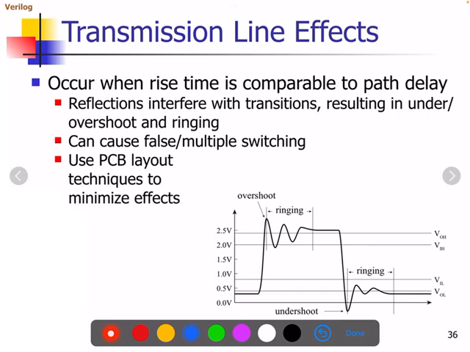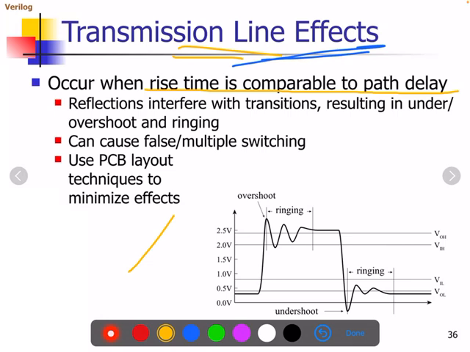That is one more thing. And transmission line effect. So what is the transmission line effect? Basically it occurs when signal rise time is comparable, that means significant enough compared to the path delay.